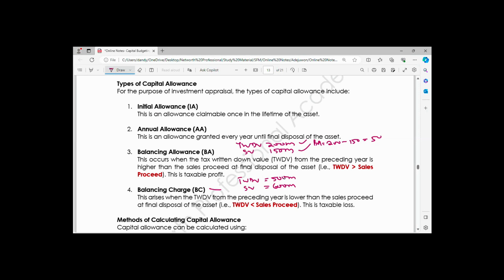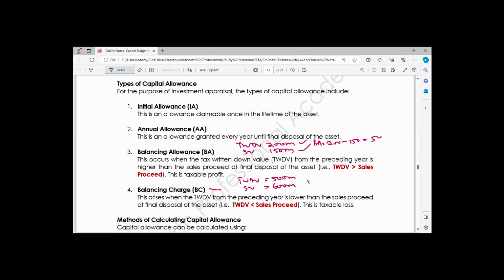This means that the company has gained at disposal. The company has gained 100 million naira at disposal. That 100 million naira extra that the company has gained will be taxed in the hand of the company. Therefore, that is balancing charge. Balancing charge is just a form of tax liability.